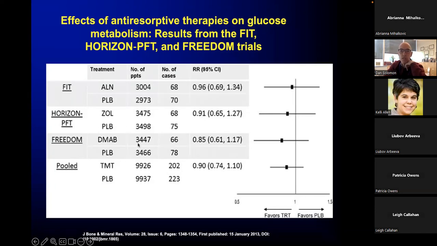Freedom was actually denosumab, and there was a 15% reduction, but it wasn't powered to look for diabetes risk. When you pool this all, it's a non-significant pooled result for anti-resorptives. And so no one really knew. So we thought this was an interesting question that we could ask using this target trial emulation.